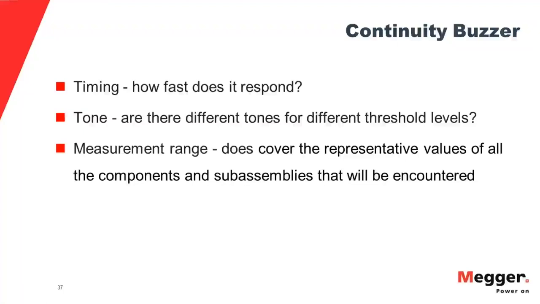But a lot of times these things are automatically set, and a relatively inexpensive tester may only have one continuity buzzer level set, and it may not be realistic for the type of equipment that you are going to work against. So you can look for testers that have multiple continuity buzzer functions, and that the values that you can set are practical against the equipment that you're going to be working on.